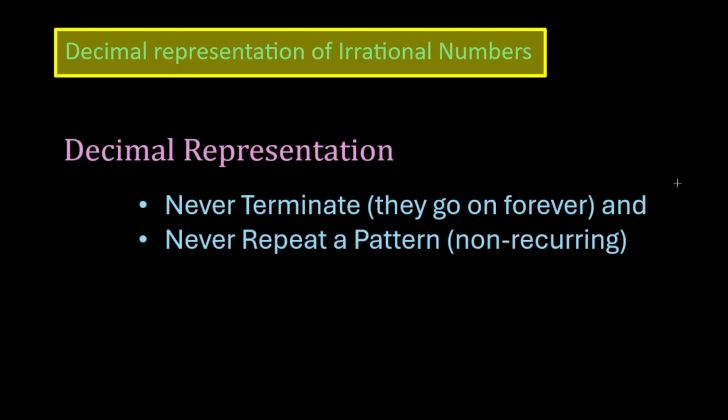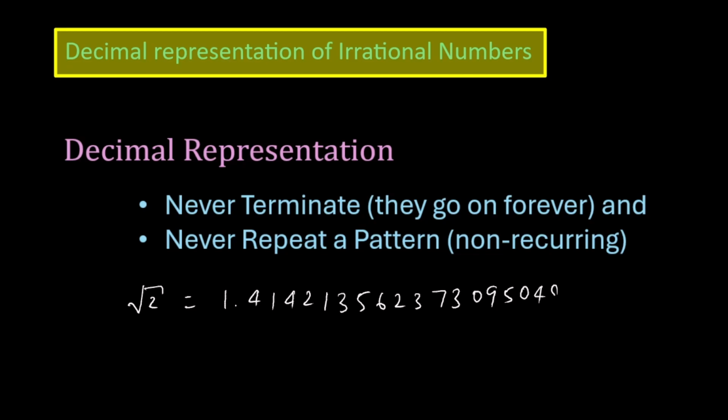Unlike rational numbers, which either terminate or repeat their decimal digits, irrational numbers have a decimal representation that never terminates, meaning they go on forever, and they never repeat a pattern, meaning they are non-recurring. Let's see some examples. Square root of 2. Its decimal representation is 1.4142135623730950488 and so on.